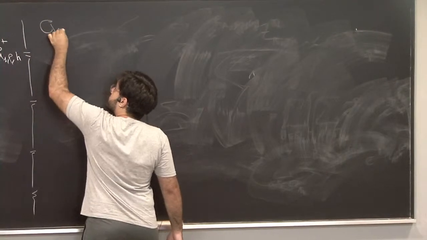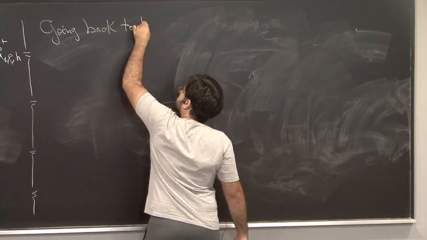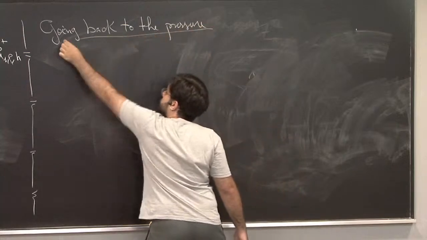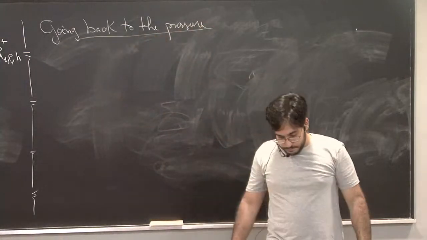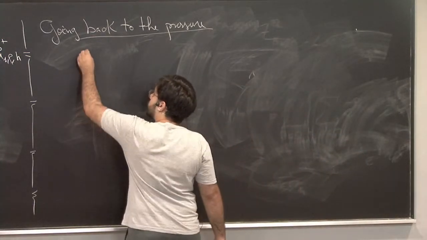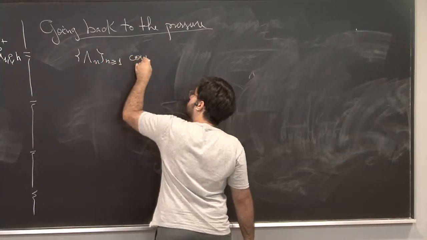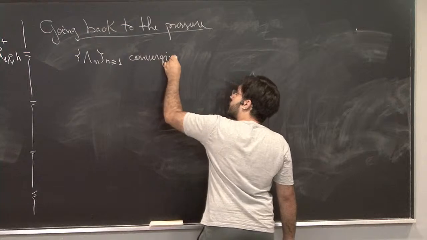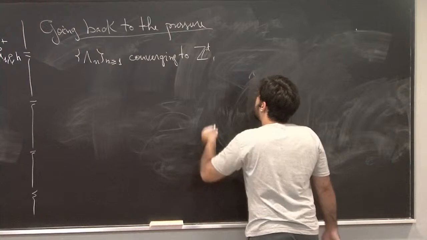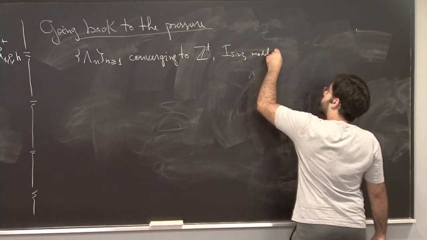Going back to the pressure. So consider a sequence according to Z^d and the Ising model with constant field, okay?